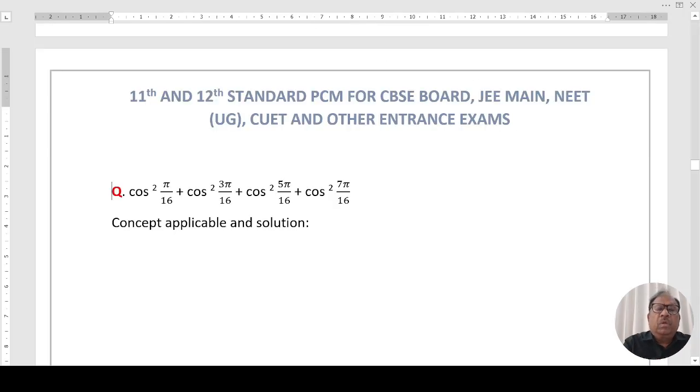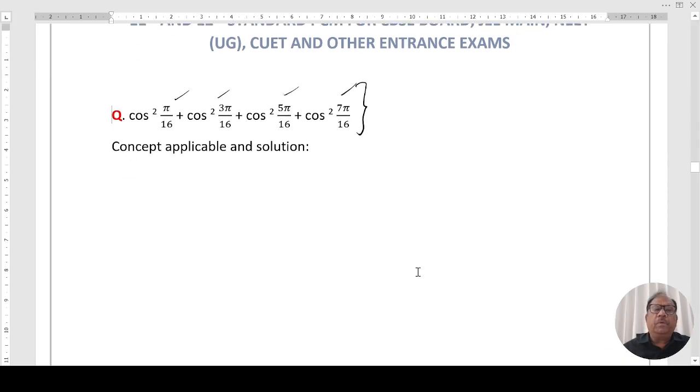Question is, find the value of cos square pi by 16 plus cos square 3 pi by 16 plus cos square 5 pi by 16 plus cos square 7 pi by 16. Concept applicable.